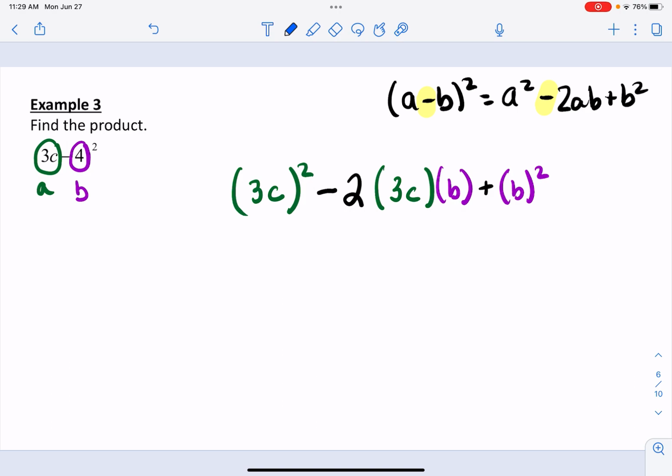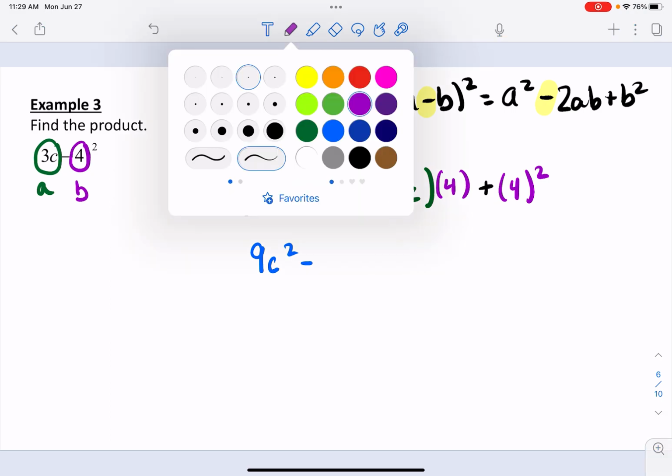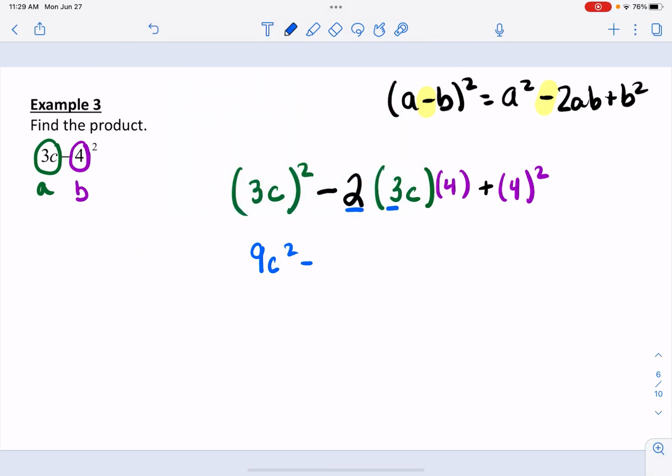So now we simplify. 3 squared is 9 c squared. Oh, I love how I didn't write in B. I wrote in the letter B, not what I needed. I needed to actually write in what B was, and B was 4. Okay. So now again, I multiply 2 times 3 is 6 times 4. There's no distributive property happening there because there's no addition. It's just 2 times 3 times 4. Multiply all 3 of those numbers together, and I get 24c plus the last term squared is 16.